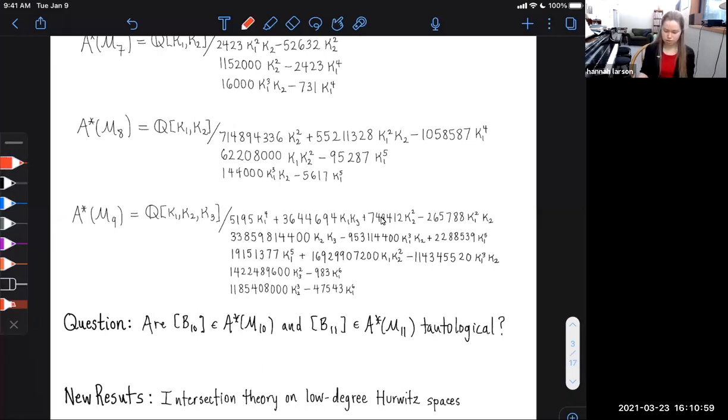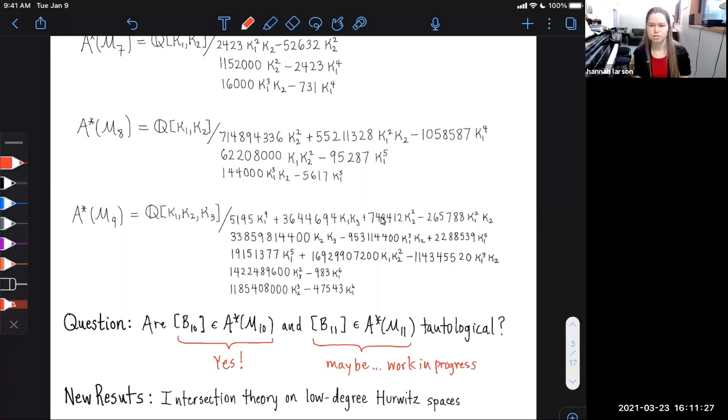And on this front, Sam and I have been able to show that yes, the fundamental class of the bielliptic locus in genus 10 is tautological. And in genus 11, we have some work in progress that we hope will be able to answer this question.